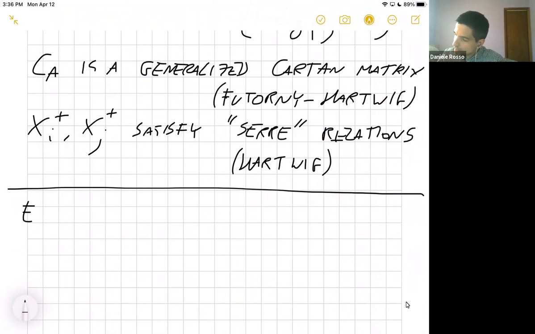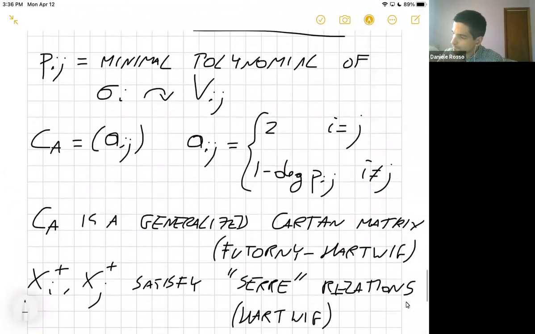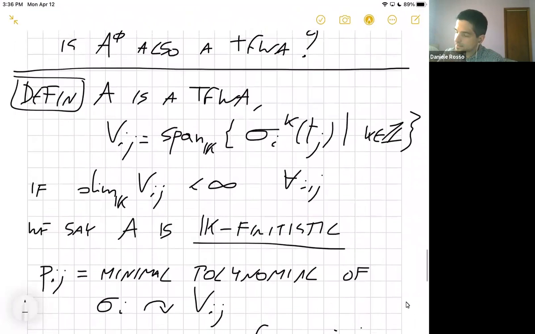All right. So one thing I want to tell you here is that this condition of being k-finitistic is not very restrictive.